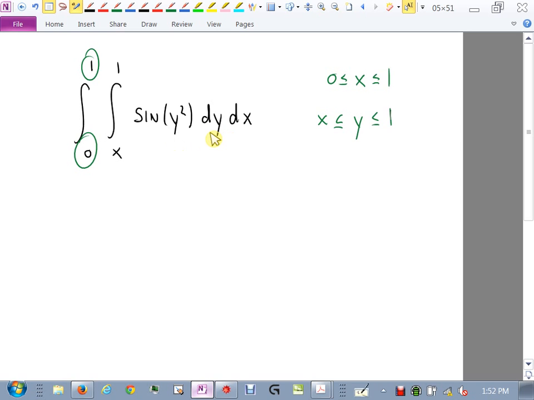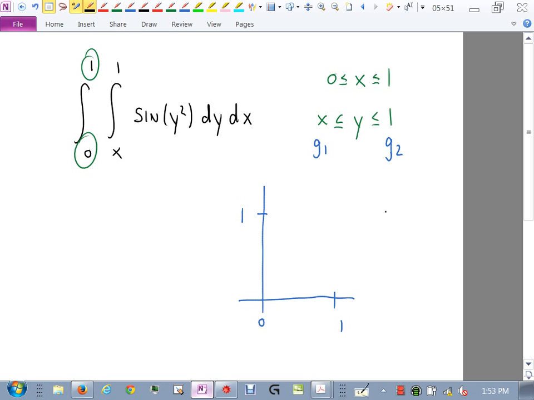Well, what does this look like? Remember, this is G1, this is G2, right? X is restricted between two constants. So if I draw that, my x is between 0 and 1, okay? My y, the top of my region is just 1, isn't it? Which is constant. So it looks like this. Here's 1.